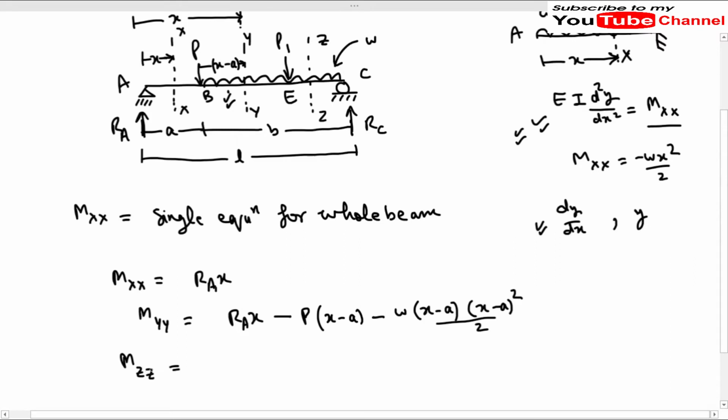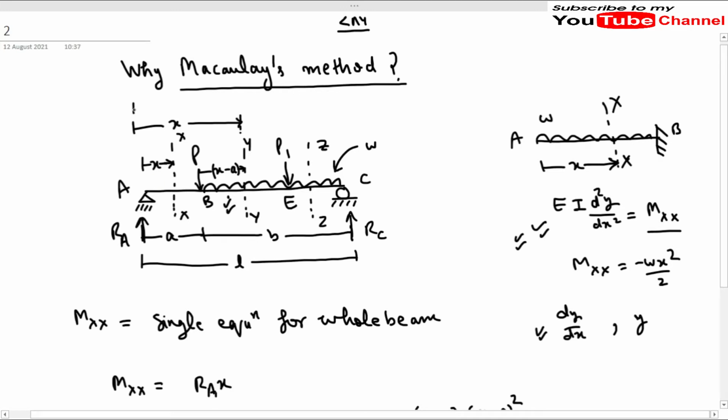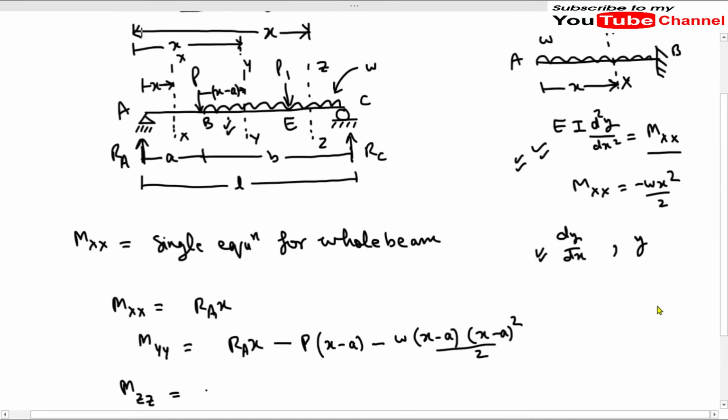So what will be the equation at section ZZ? Again we are considering that this section ZZ is at a distance of X meter, or you can say X from A. The equation for bending moment will be RA times X, and let us assume that this P1 is acting at a distance of C1 from A. So the bending moment will be RA times X minus P times (X minus A).